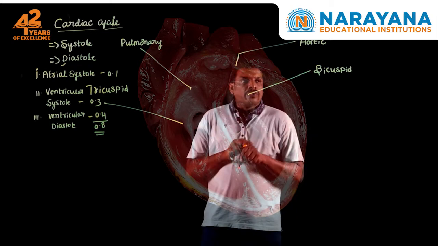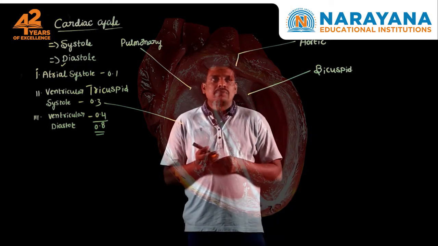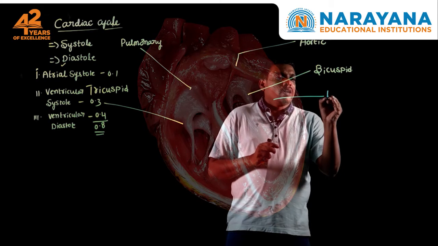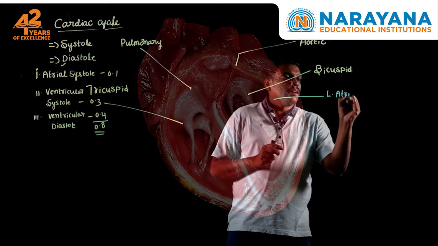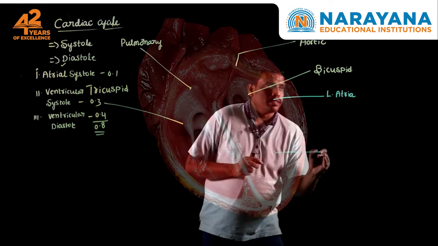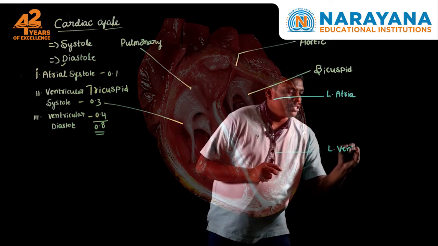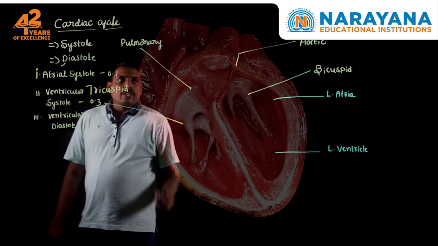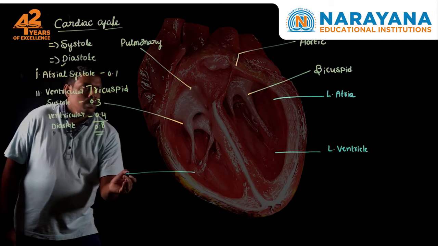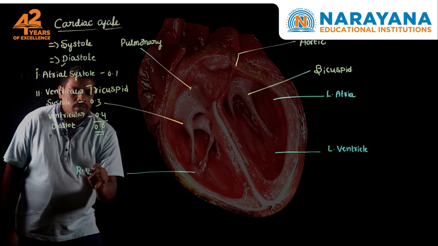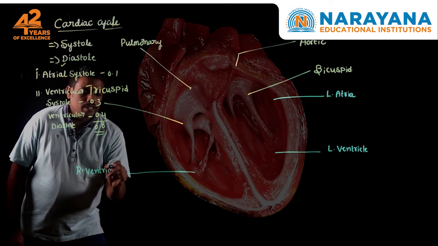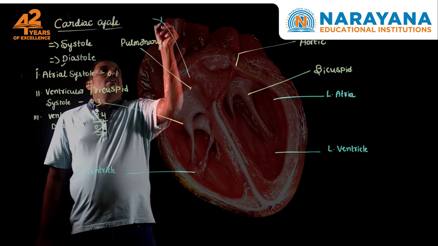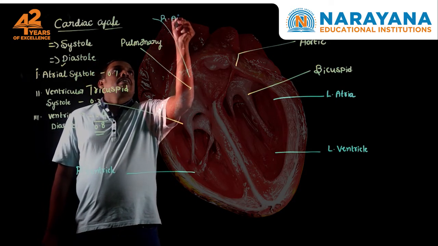By the way, if you look carefully at the heart chambers, this is the area called the left atria, and here we can call it the left ventricle, and here you can see this is the right ventricle, and here you can see the right atria.